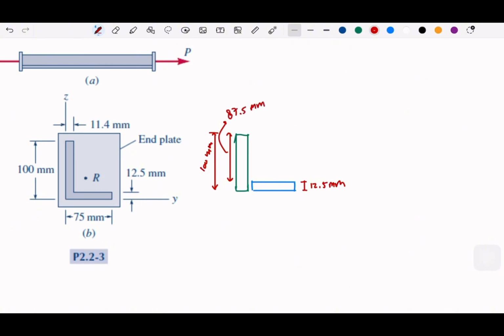Then for each one of them, let's say this is number 1, number 2, they have their own centroids. If we put this one here and this one here, we can name them C1 and C2. And what else do we have?